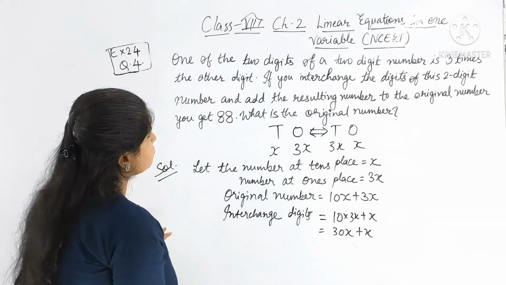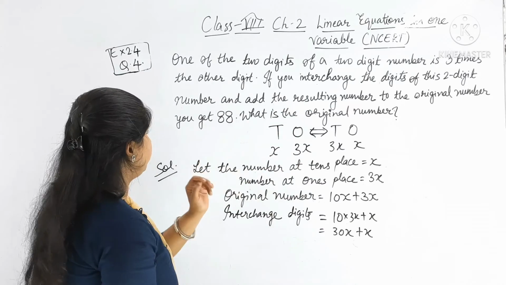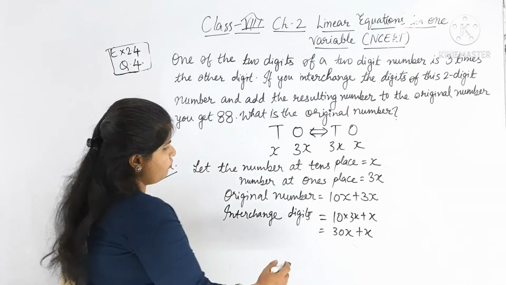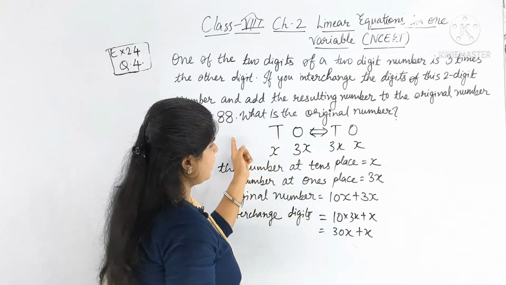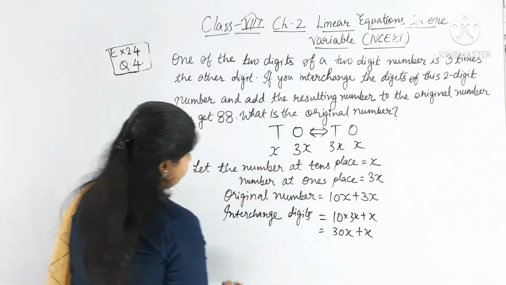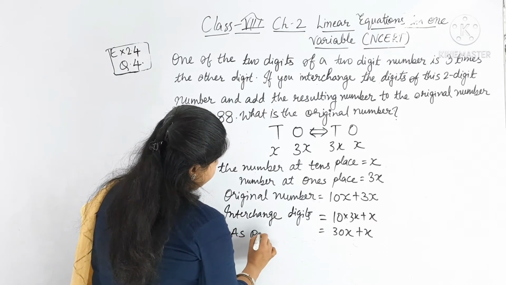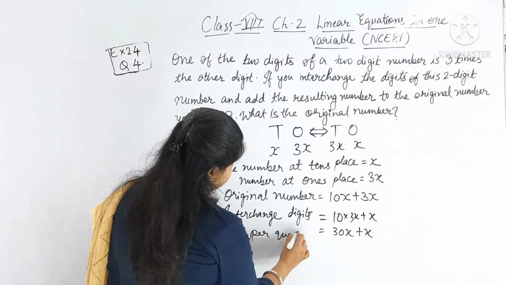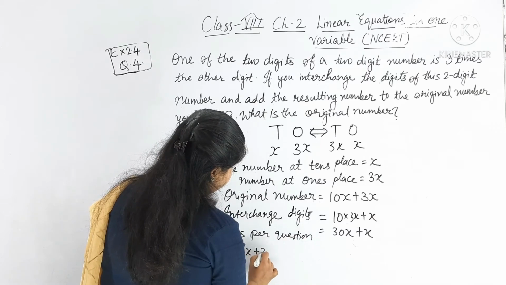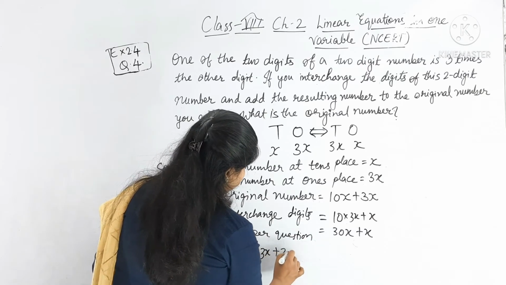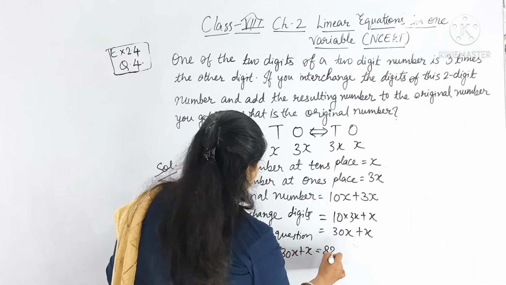Okay, then add the resulting number to the original number, you get 88. Means we have to add both numbers, so I am getting 88 here. So as per the question, we have to add this to the original number, equal to 88.